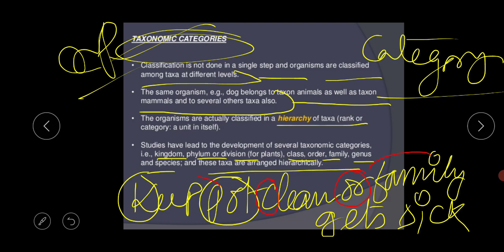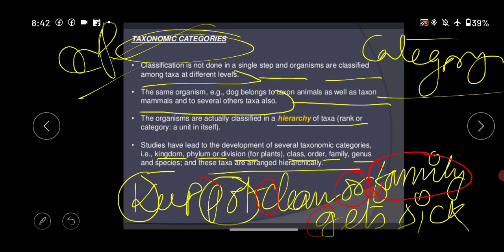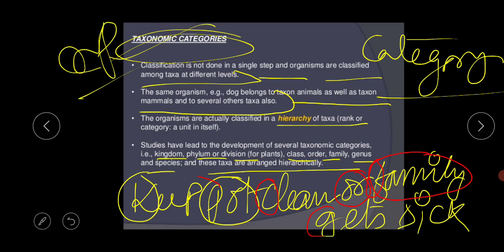Next word is family, so the first letter F means family. The word gets, the first letter G means genus. And the last word is sick, and the first letter S means species. So keep pot clean or family gets sick.